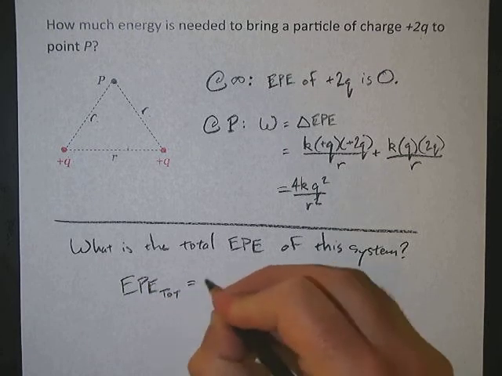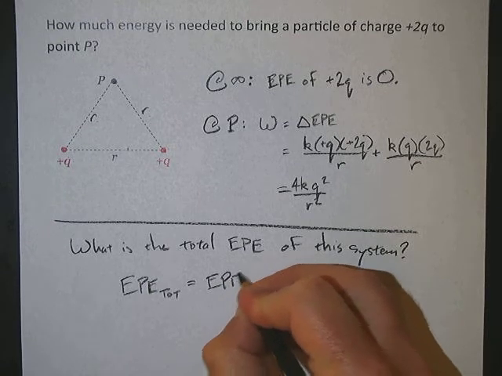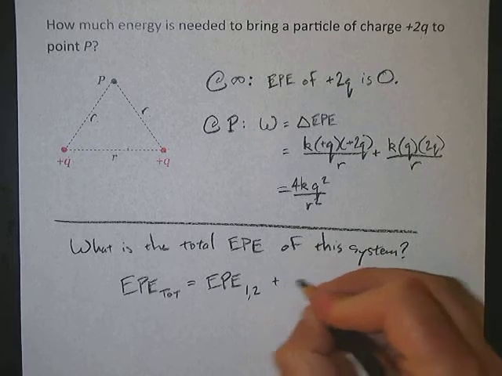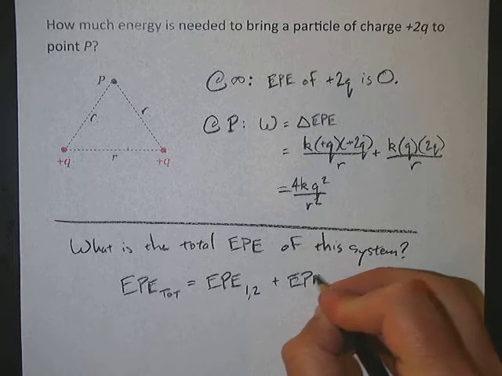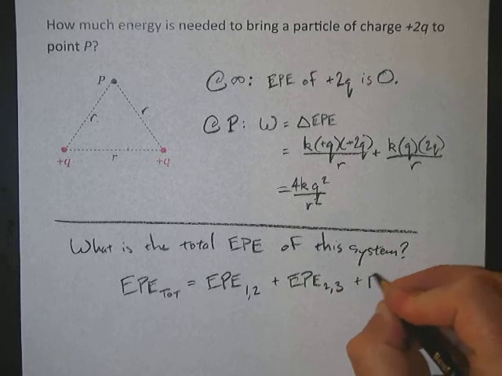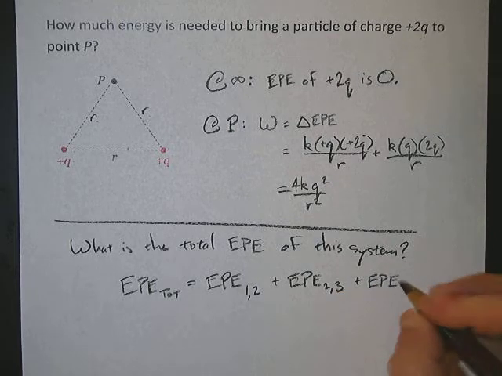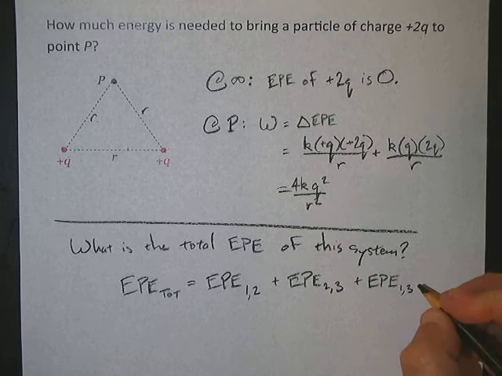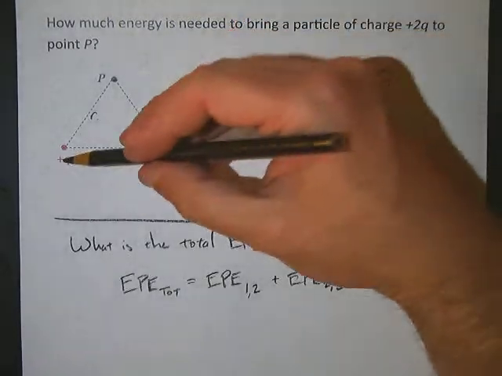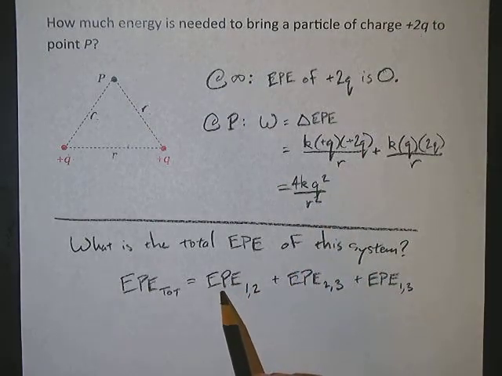What we'd have to do is say EPE total is equal to the amount of EPE in charges 1 and 2, plus the amount of EPE in charges 2 and 3, plus the amount of EPE in charges 1 and 3.